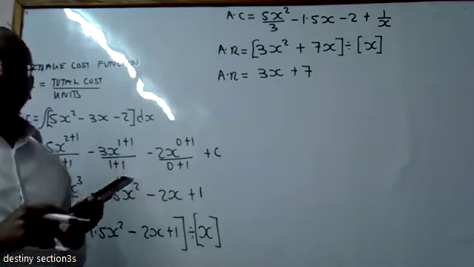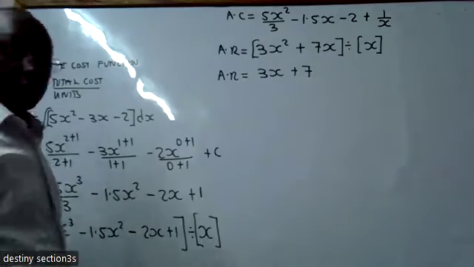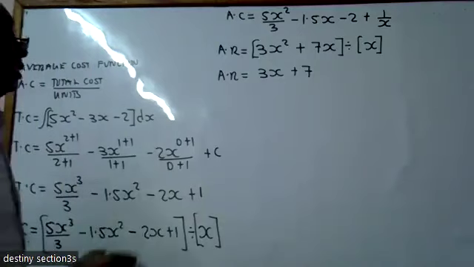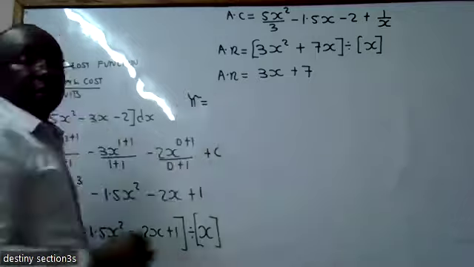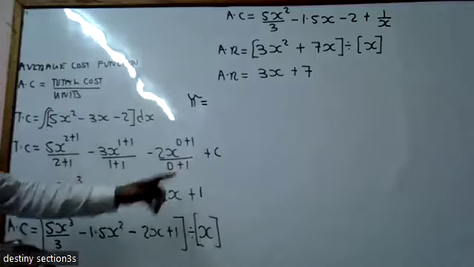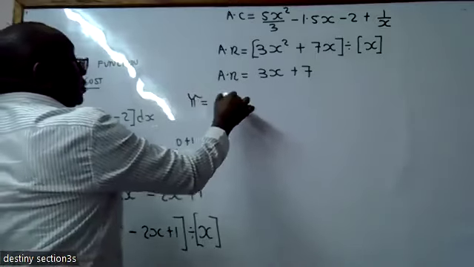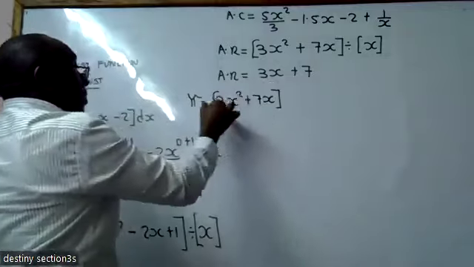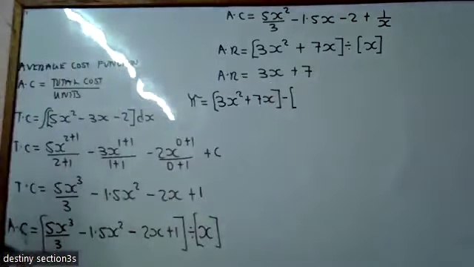Then you are told to calculate the profit maximizing. So profit maximizing, nakuja hapa unasema profit is equal to the revenue. The revenue ndio hii 3x squared plus 7x minus the total cost.